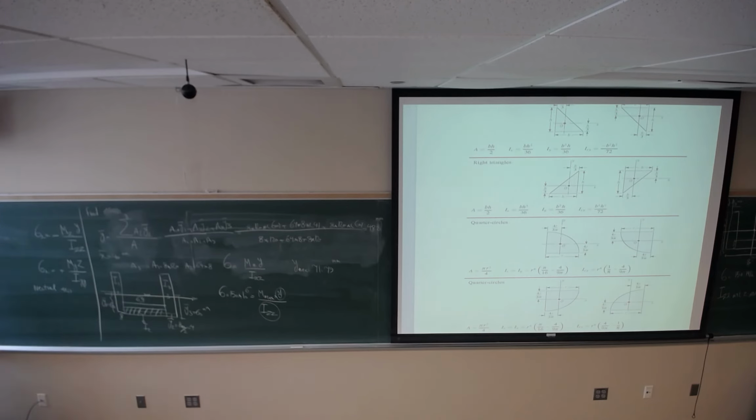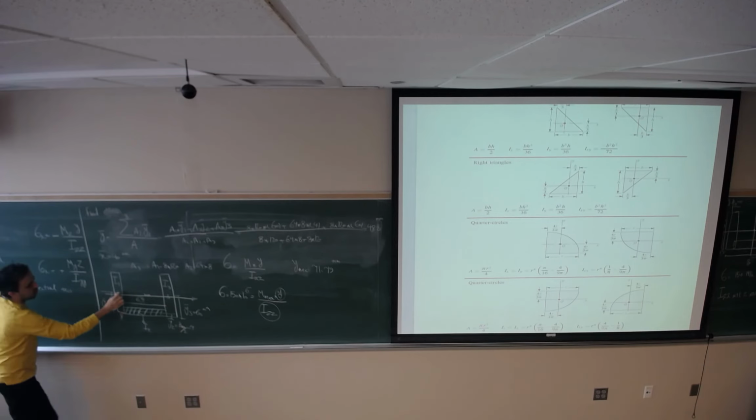The parallel axis theorem tells me it's going to be I1ZZ with respect to its neutral axis plus the distance squared times A1.